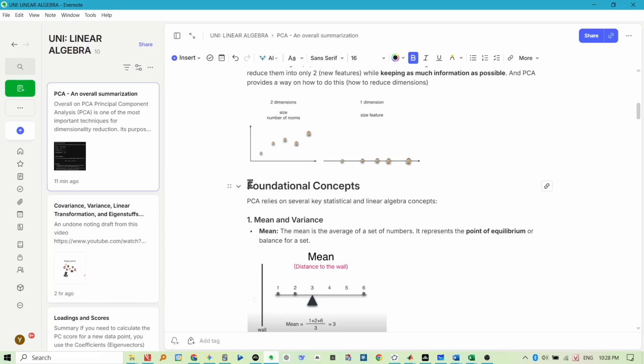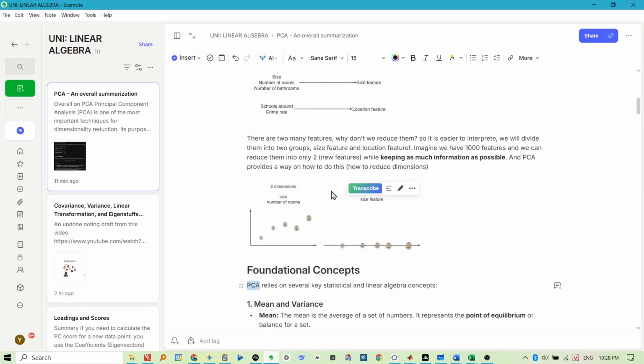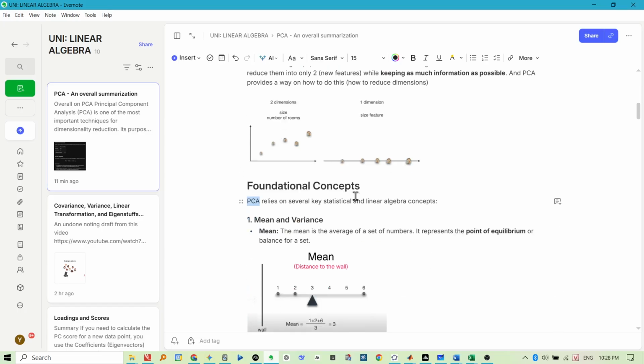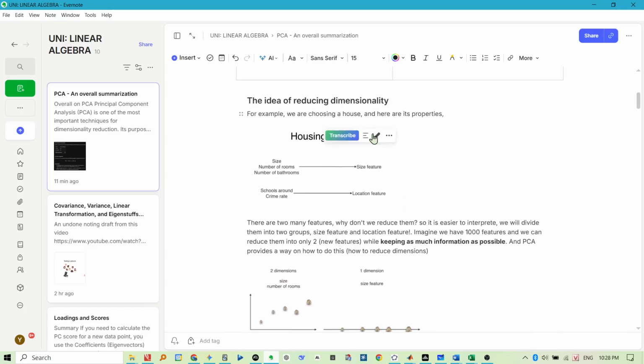We'll go on to the foundational concepts that make up PCA. But before that, we will summarize what we have been discussing.